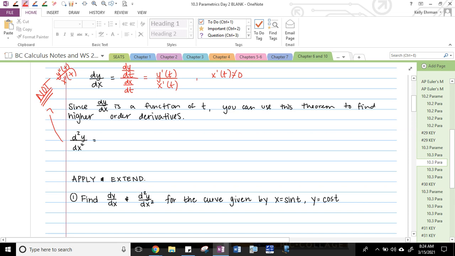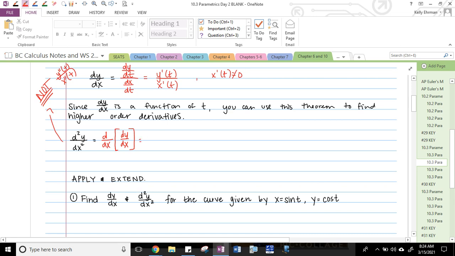So when we have the second derivative of y with respect to x, let's just rewrite that how we're kind of used to writing that. The derivative with respect to x of the first derivative, dy dx. That's how we get d squared y over dx squared.